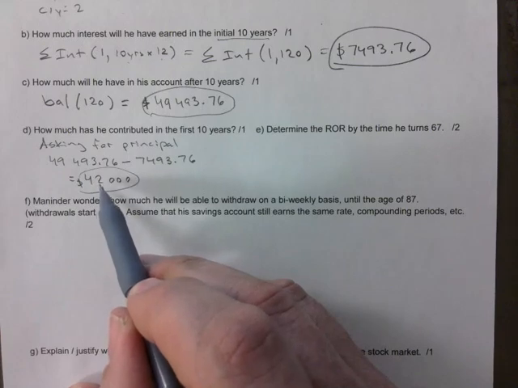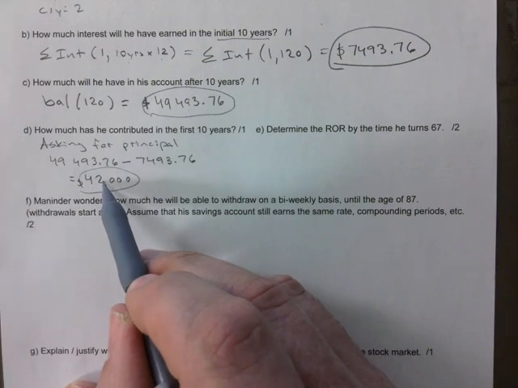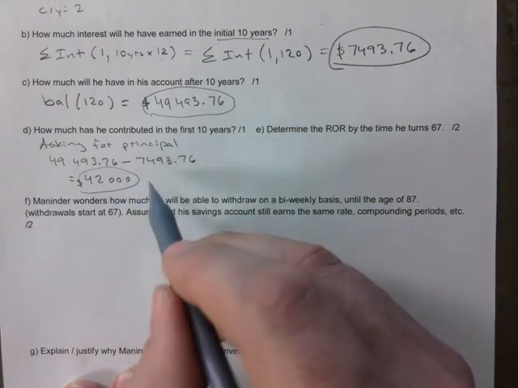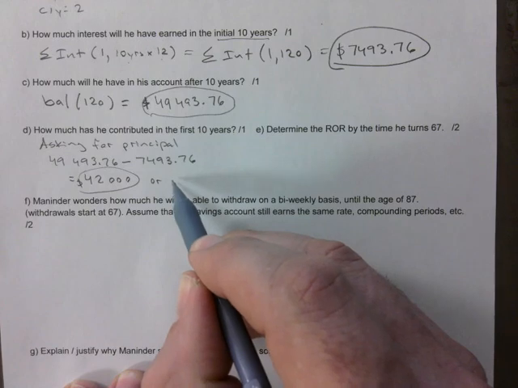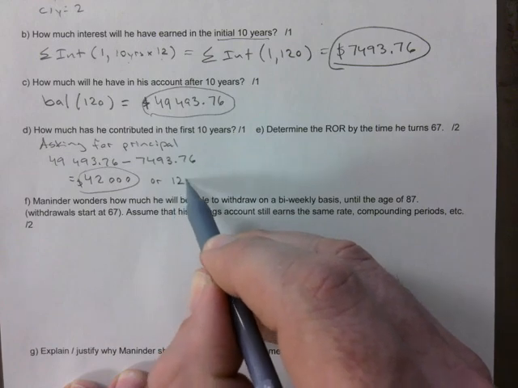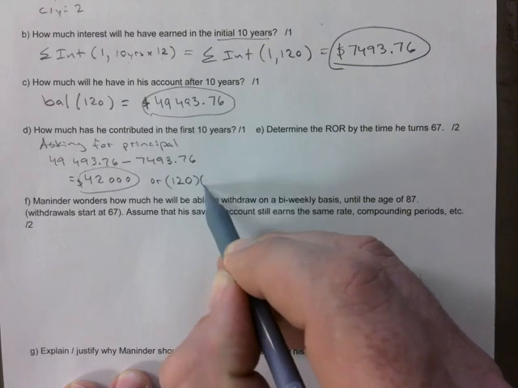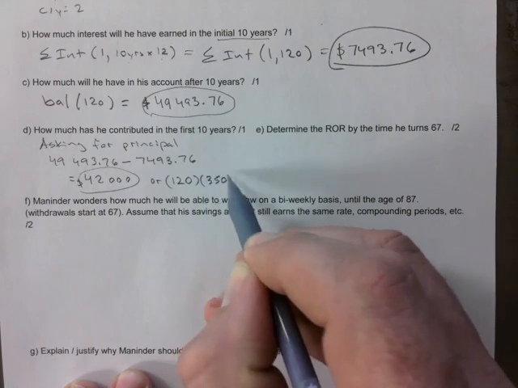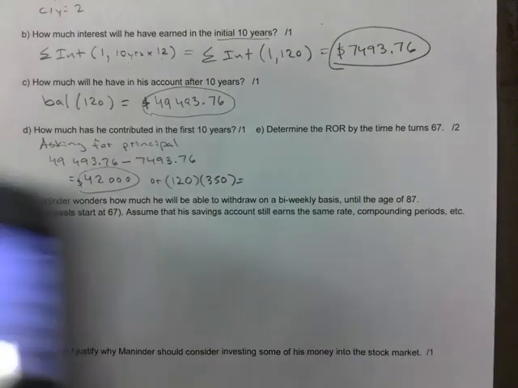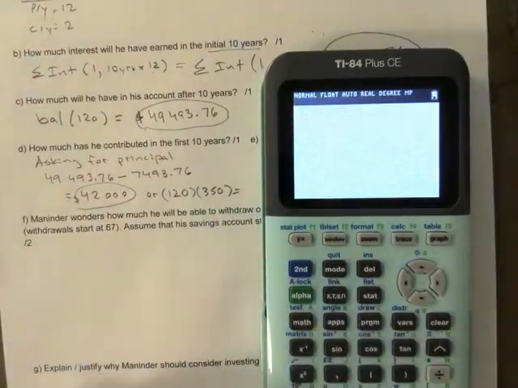How else could you have done this? There's another way. Or you can do 120 payments of $350. Right? Because that's what you made, 120 payments over that time frame.